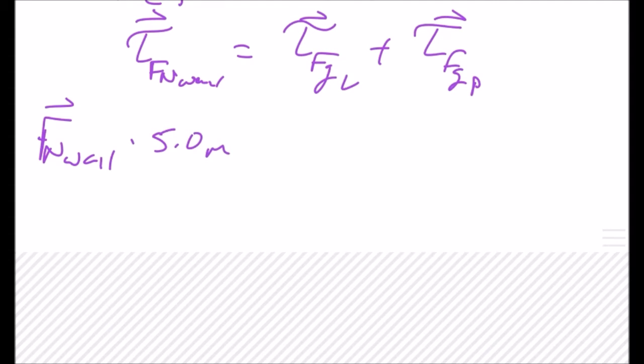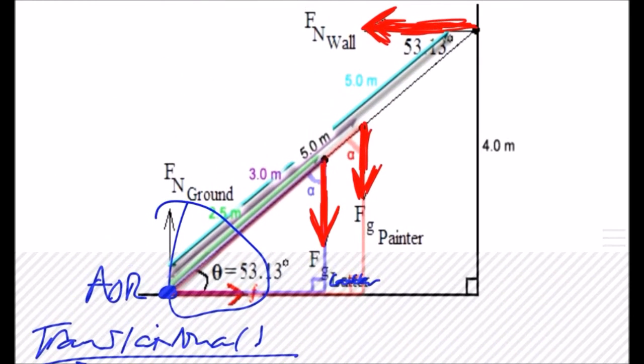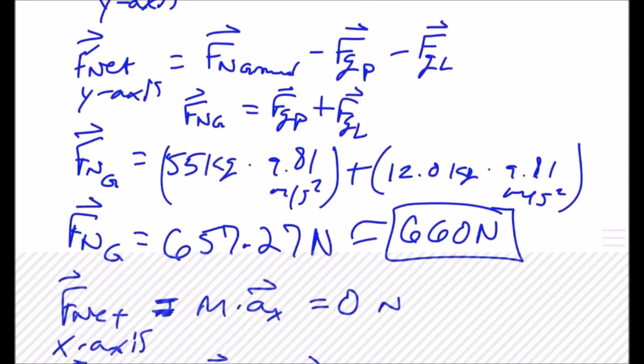Now, we need our angle theta, and by definition, the angle theta is the angle between the lever arm and the force vector, right? So, if this is my lever arm right here, and this is my force vector here, then I need this angle, okay? So we're going to say our 53.13 degrees. So that's what we're going to take the sine of.